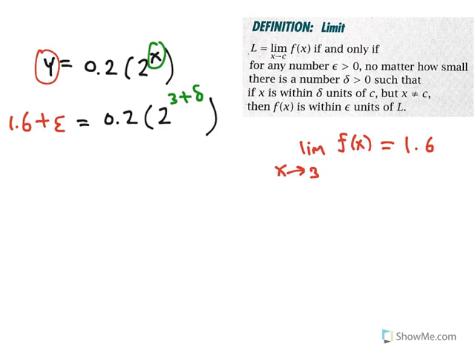And in doing so, we will prove analytically that the limit of the function as x approaches 3 is, in fact, 1.6 by this definition, by showing that for any epsilon greater than 0, no matter how small, I will always be able to find a delta greater than 0, such that if the input values are within delta units of c, in our case 3, but not equal to 3, then the output values will be within epsilon units of L, which in our case is 1.6, no matter how small epsilon is.